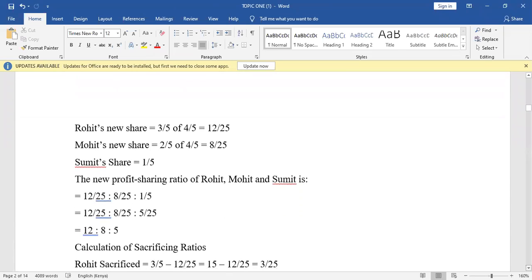That's our new ratio. So I now want to get how much R has sacrificed and how much M has sacrificed. Are you getting what I'm sharing there?